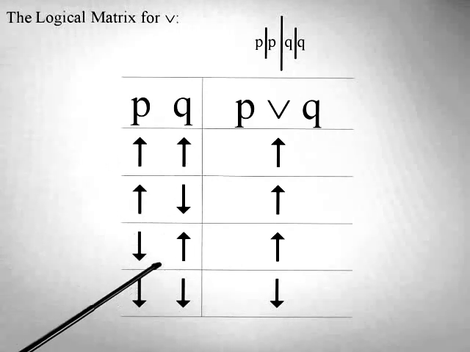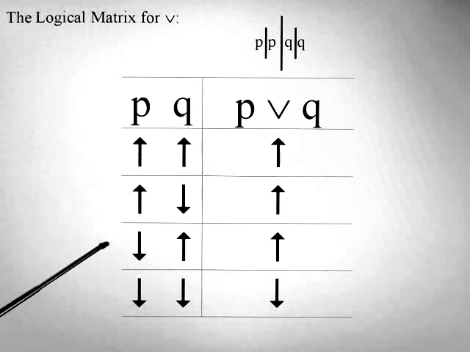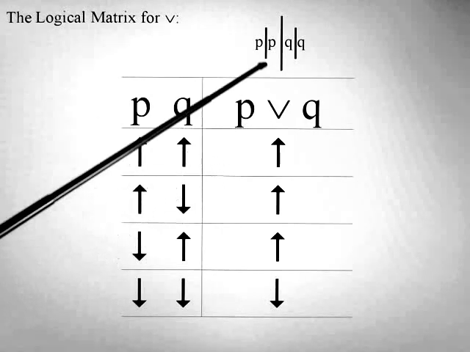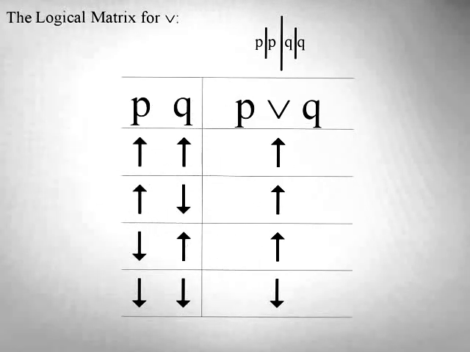Otherwise, it is true, because here they are both true. Here one is true and the other is false, and here again one is true and the other is false, but they are not both false at the same time. And so the statement P or Q is true in those situations. So again, P or Q will be false only when both P and Q are false. Otherwise, it will be true.